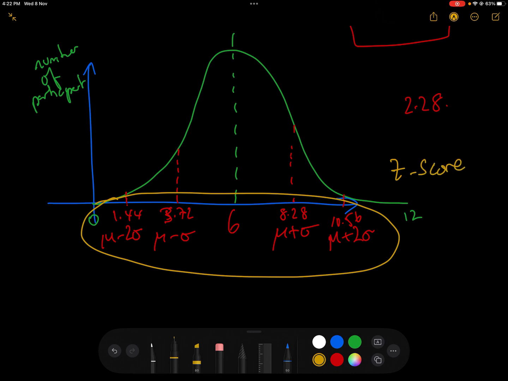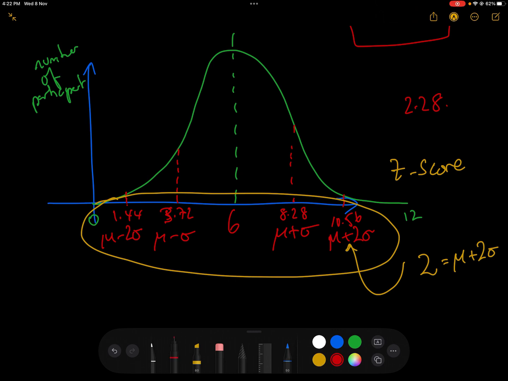So somebody who has a z-score of 2, for example, what that means is that their score was equal to the mean plus 2 standard deviations. So their score was here.